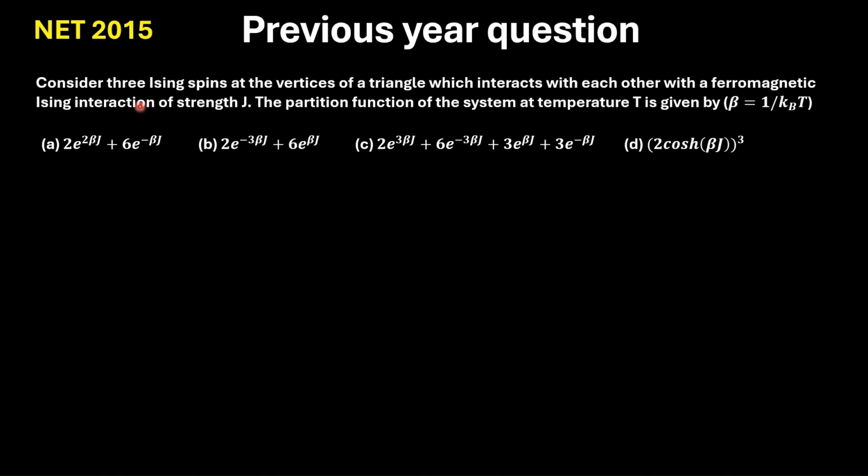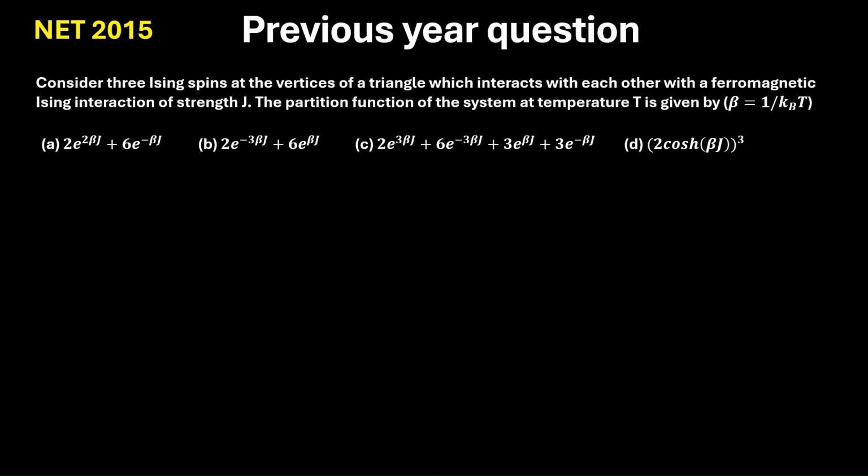In this question, 3 Ising spins are given, and they are at the vertices of a triangle, and they interact with each other. And it is given that this is a ferromagnetic Ising interaction. So we have to find the partition function.